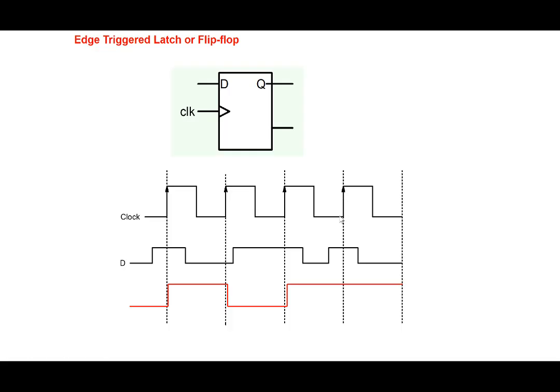Let's say the setup time is 1 nanosecond. So 1 nanosecond before the positive edge trigger, the data should be stable. If you want 0 to be latched, the data should be stable and 0 within 1 nanosecond here. Okay, so that's a positive edge triggered flip-flop.